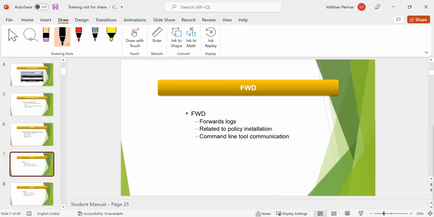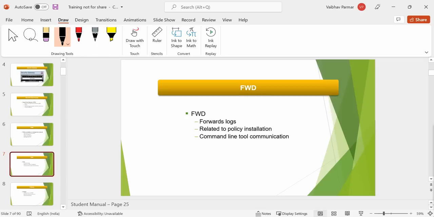So when we install the policy, this daemon also comes into the picture. Also, when we run commands like fw ctl zdebug or fw getifs, in the background this FWD daemon comes into the picture. So for command line work, policy installation related issues, and forwarding the logs, you have to consider the FWD daemon.